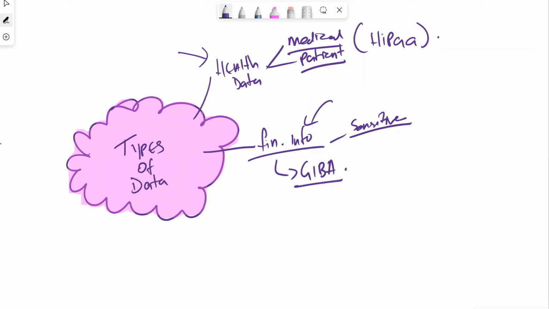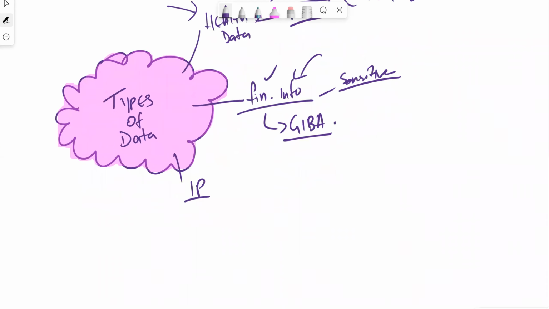So that's that thing. The other component is our intellectual property. So we have things like patents, maybe the secret sauce in our pasta sauce, and IP is intellectual property, right? What makes that data unique, or what makes that entity unique to that company. Could be an invention, a design, some sort of pattern. Basically what drives them, right? What's that secret sauce? And that IP is always considered private, so we cannot leak it.